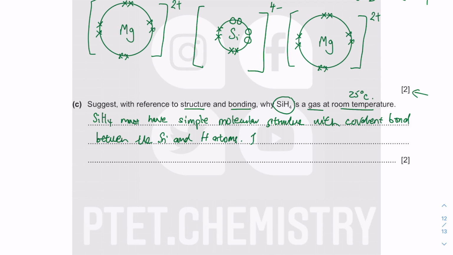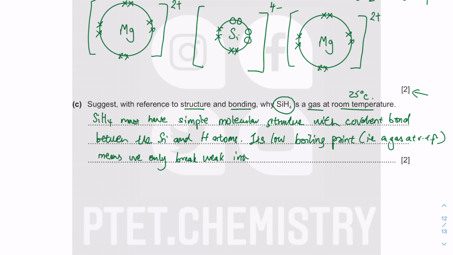However, its low boiling point, i.e. a gas at room temperature and pressure, means we only break weak intermolecular forces of attraction between the SiH4 molecules.